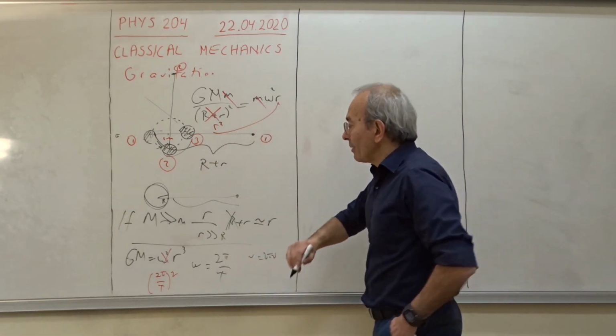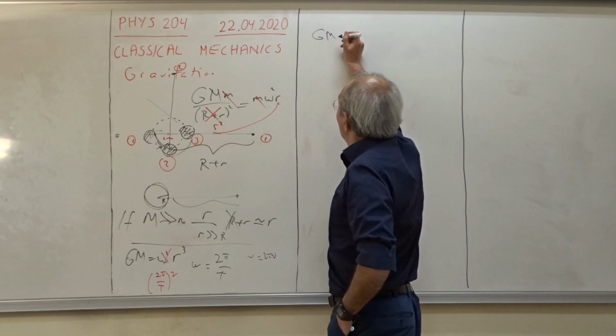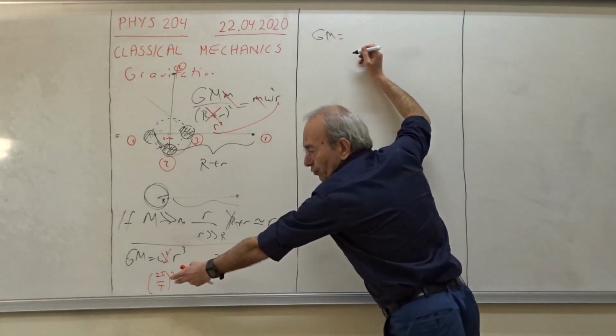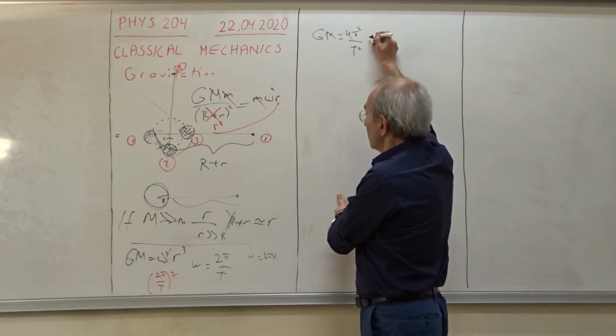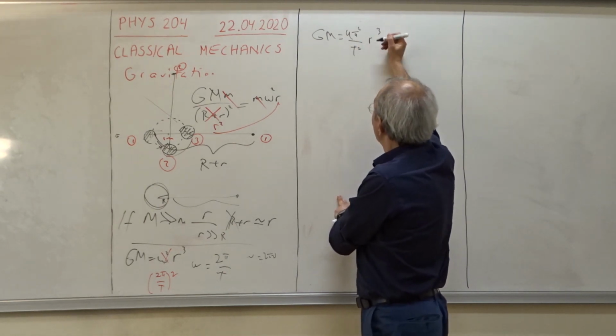Next, we have G times M. On the right, if you take the squares, we have 4 pi squared over the period squared times radius cubed.